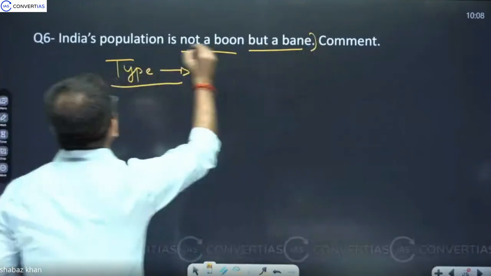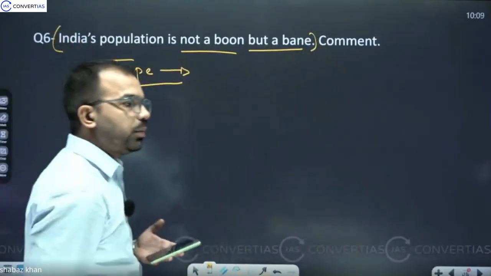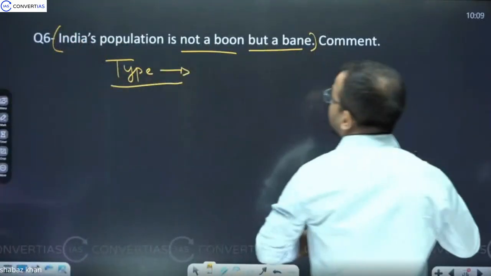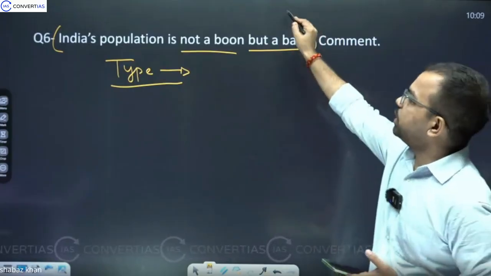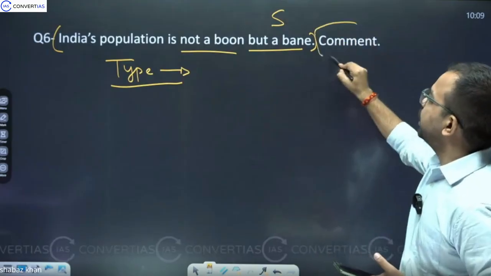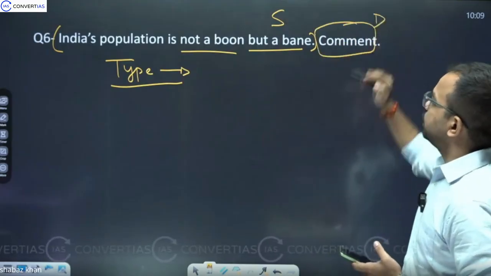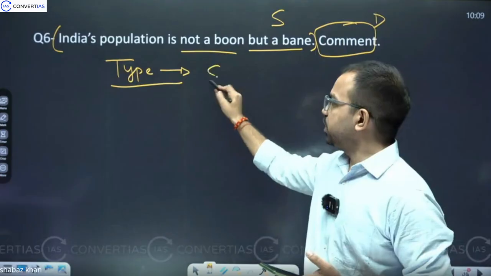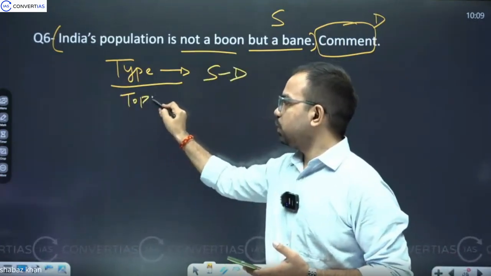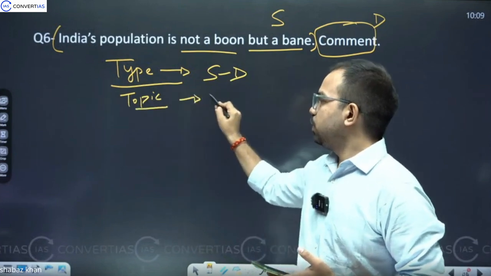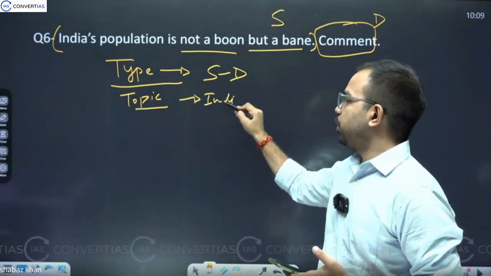This is a clear statement. India's population is not a boon but a bane. This one is a statement, and then comes the directive word comment. Statement, directive. Topic: Indian population, India's population.